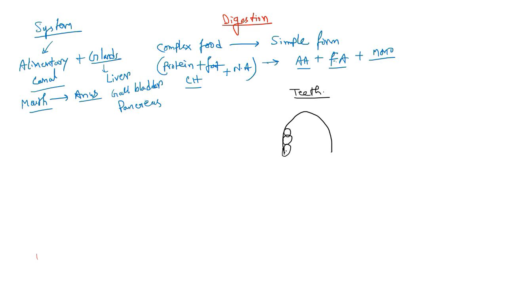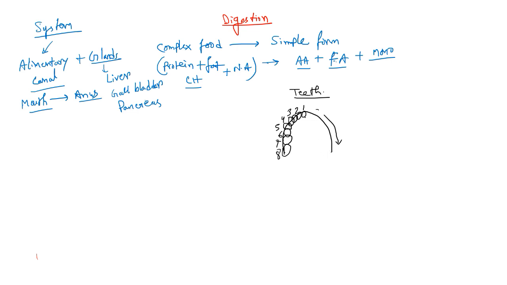So for the numbering, if we say 8 on this side and 8 on this side, starting from here, this is 8, 7, 6, 5, 4, 3, 2, 1. Similarly, we have the same numbers 1 to 8 on the right hand side as well.